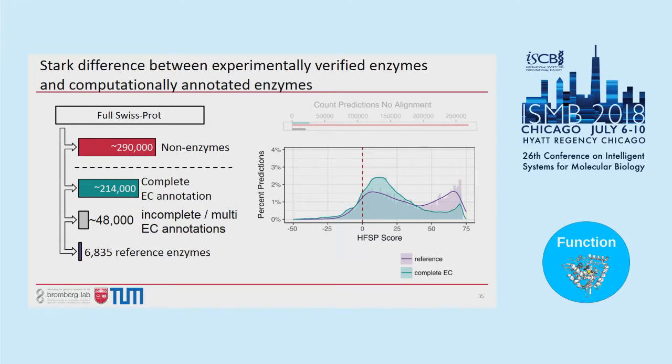To make it a little bit more visual: the reference are the proteins where we know what the function is, or at least that's the closest that we can get to known function, whereas the complete EC annotation are those enzymes for which we think we know the function, but we have never shown that that actually is the function.